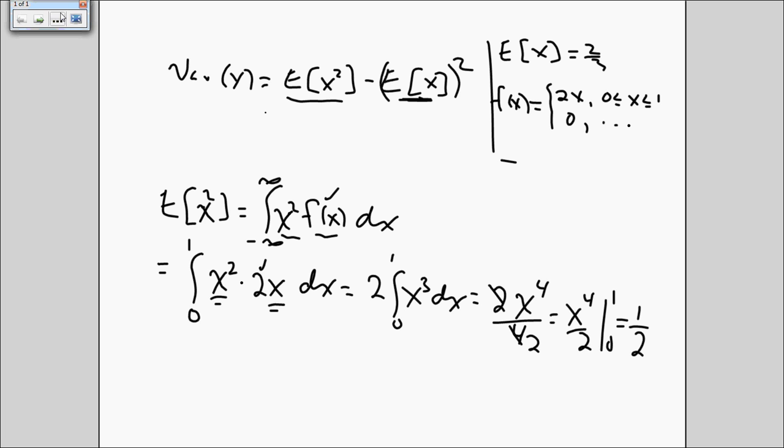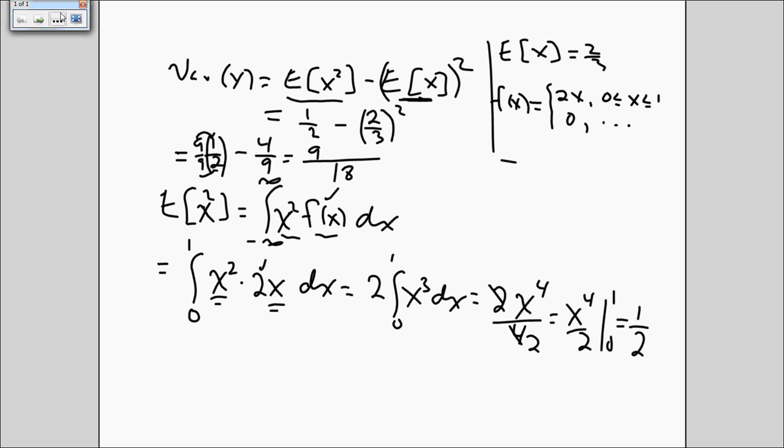Okay, so we have E of X squared, it's a half, minus E of X, which is 2/3, and then you square it. So you have a half minus 2 squared over 3 squared. The least common denominator between 2 and 9 is 18. Here, we multiply by 9 over 9, because 9 times 2 is 18. 9 times 1 happens to be 9.